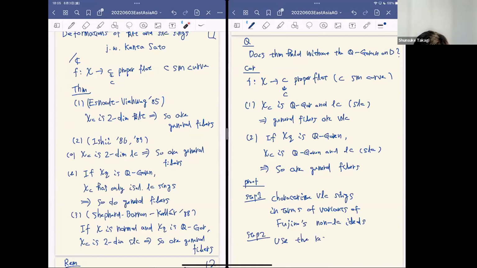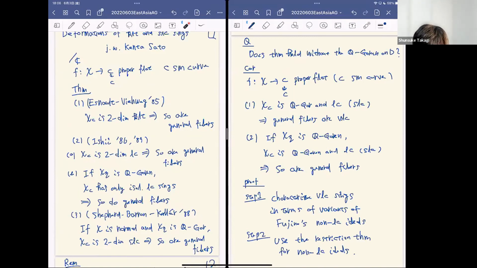And step two, we use the restriction theorem for non-LC ideals. Fujino proved a restriction theorem for non-LC ideal, but our non-LC ideal is slightly different from Fujino's one.